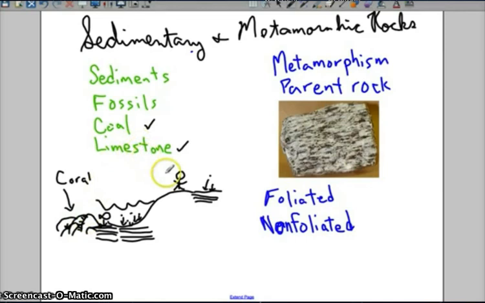Now, limestone actually plays a part on land, or I guess under land as well. If you have limestone under the land, and you have an underwater flow underneath it, like an underwater stream, it will generally dissolve this limestone, and it'll end up forming a cave.